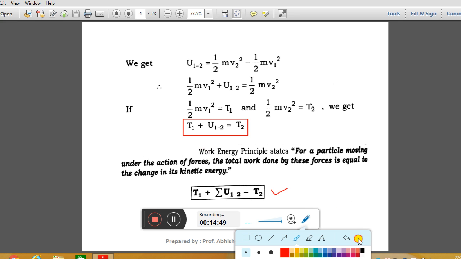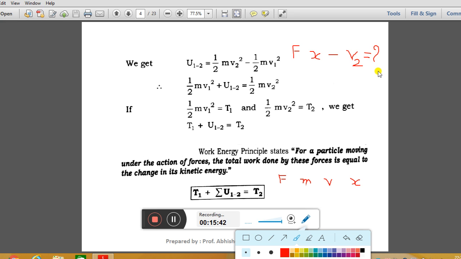Knowing the forces and displacement, we can find the velocity in the new position.